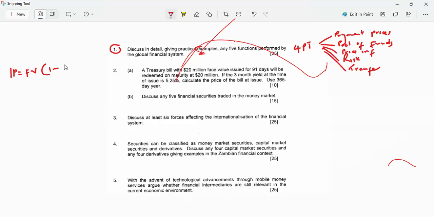Face value times one minus RT over the time. In this case, we've been given 365. What have we been given in this question? 20 is what? A face value. Time is what? 91 days.